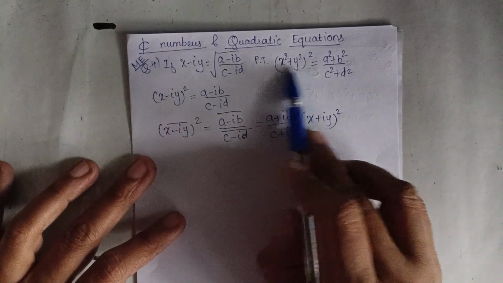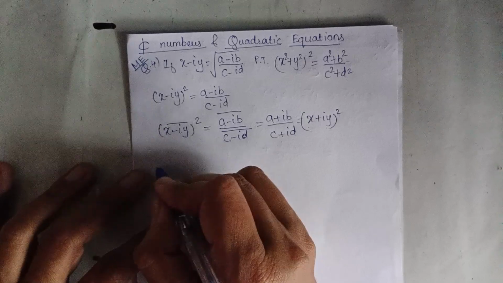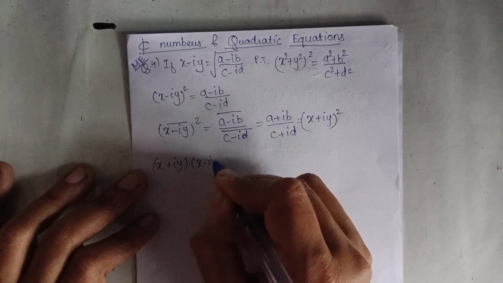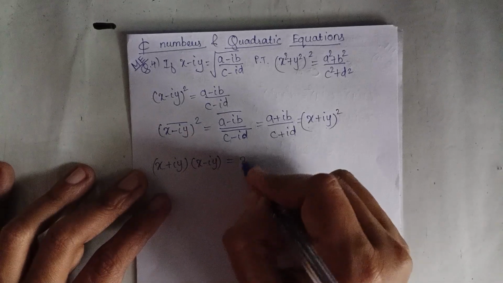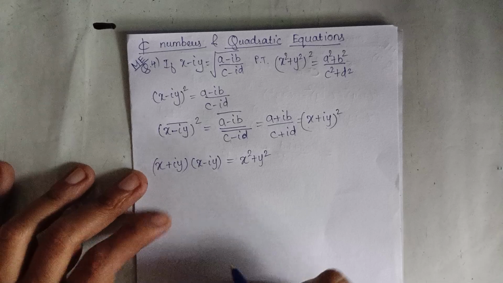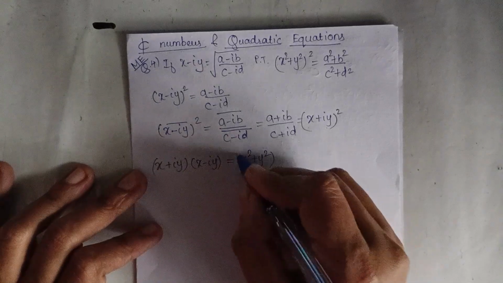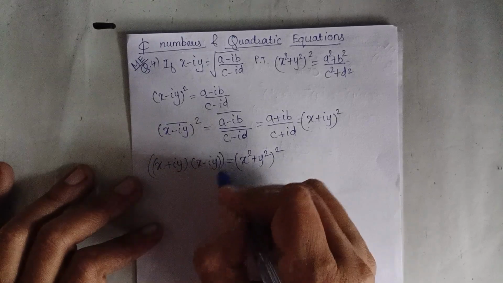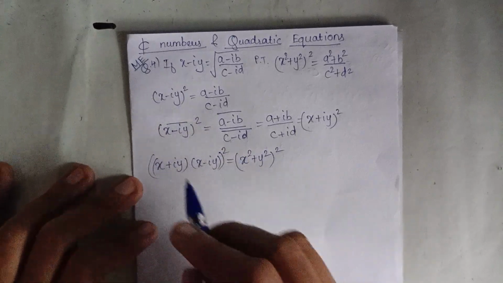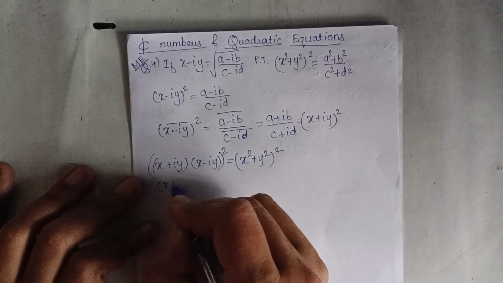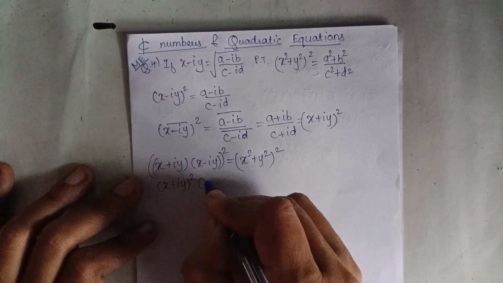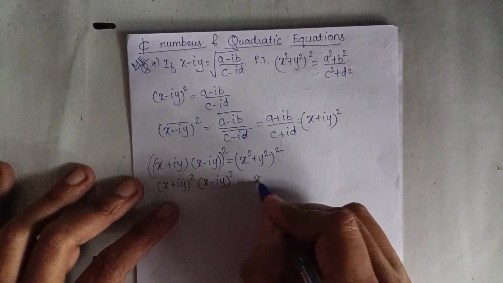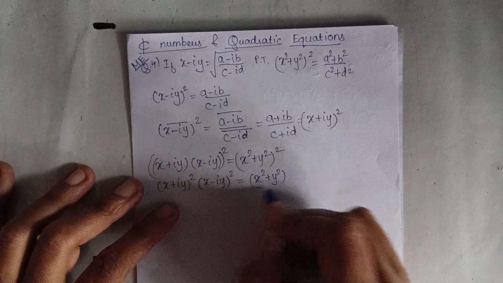Now we have been given this, we have to prove this, right? We know that if you multiply by its conjugate, you will get x square plus y square. But we want the square, so we have to square this. So this will be (x plus iy) the whole square times (x minus iy) the whole square, which is our (x square plus y square) the whole square.